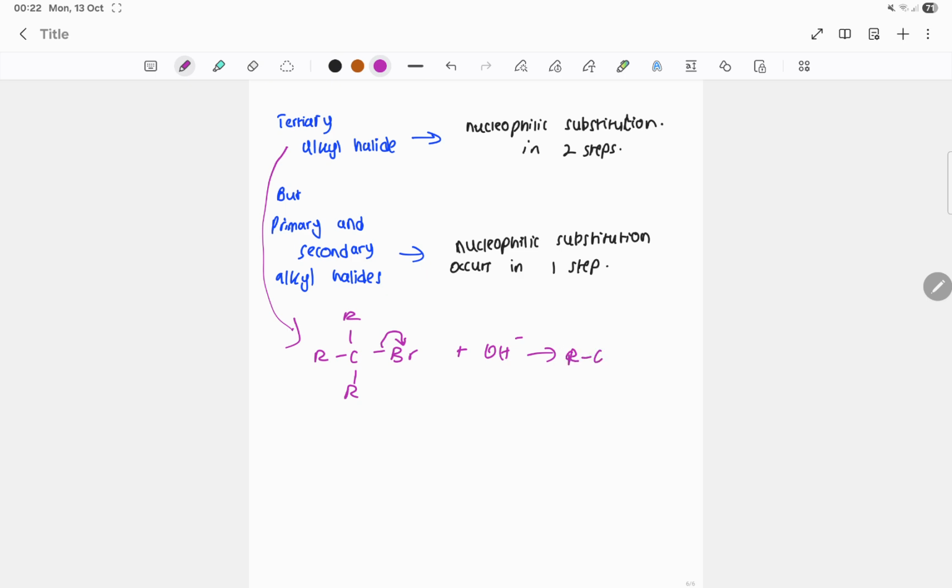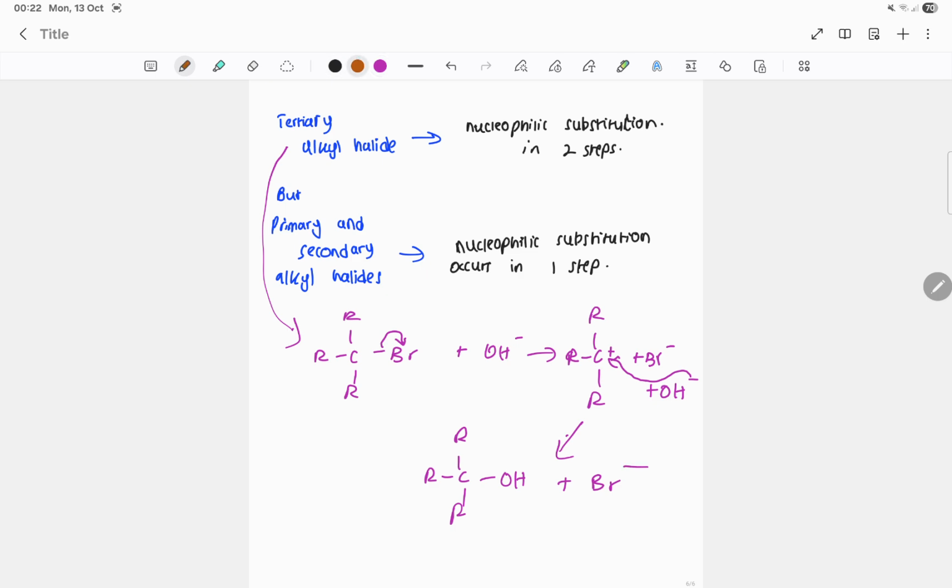Then R3C plus, Br minus, plus OH minus is there. This OH minus then will attack the C plus here and form R3C-OH and Br minus. Okay, this will be the product.